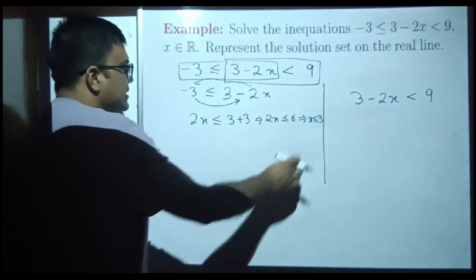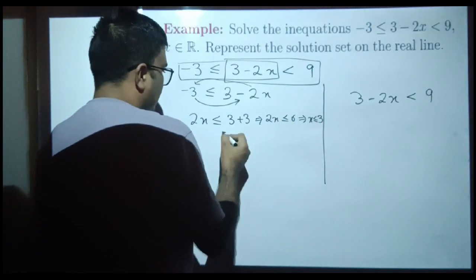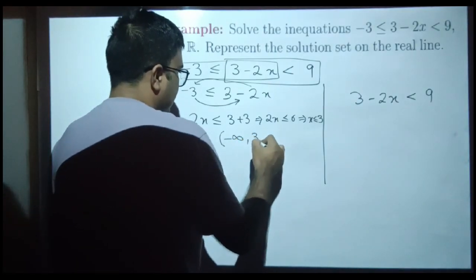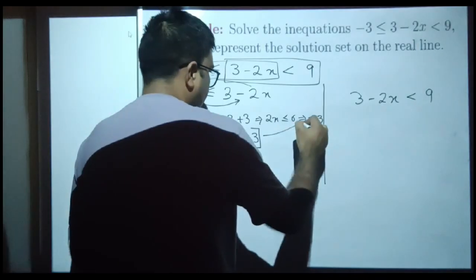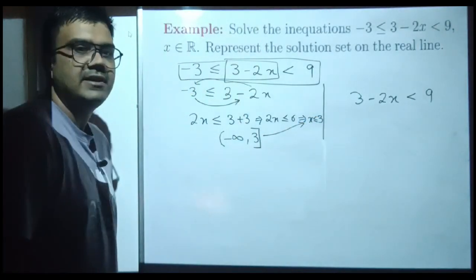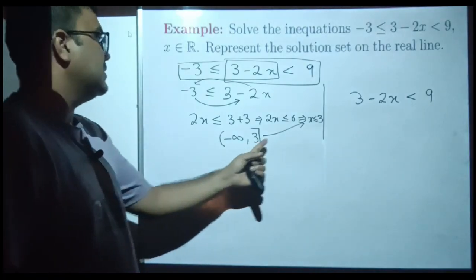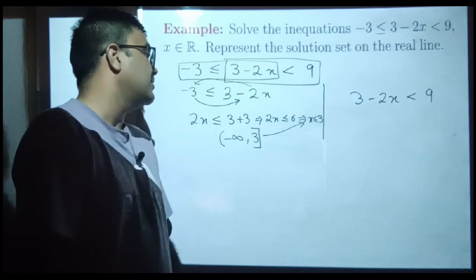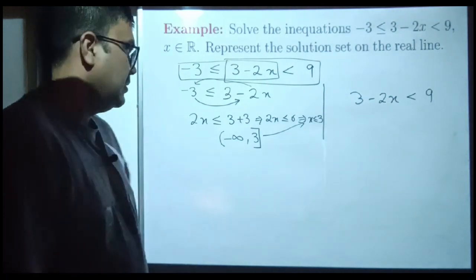So the solution in this case is x less than or equal to 3. How are we representing it? We are talking about all real numbers less than or equal to 3. In interval form, we can write it this way, minus infinity to 3. It is closed over here because the less than or equal to sign is there, so the interval is closed at 3.